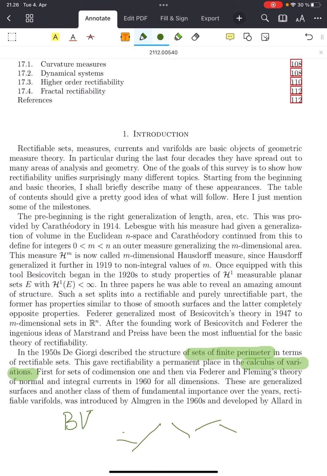So you can have, say, a C1 function here and then a C1 function here, which do not need to match up perfectly along this boundary. And the claim is that any given BV function has a rectifiable set along which this happens, and in the rest of the space it's more regular. So that's the link between rectifiable sets and calculus of variations.